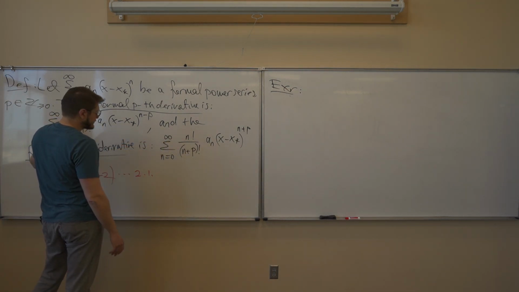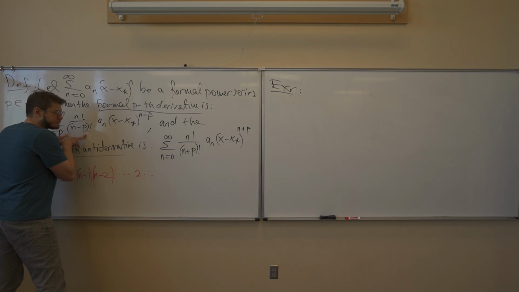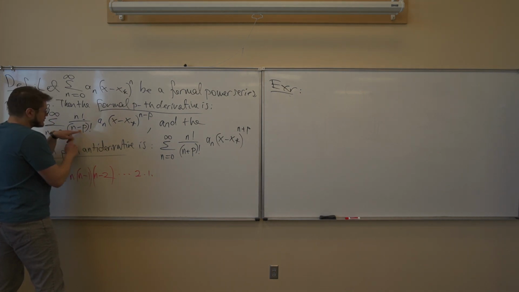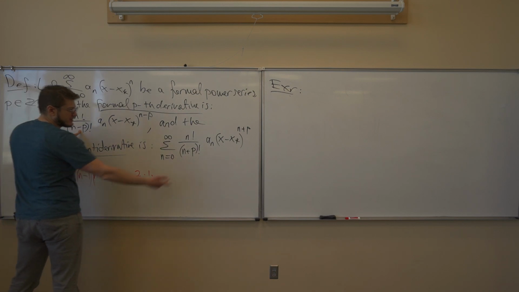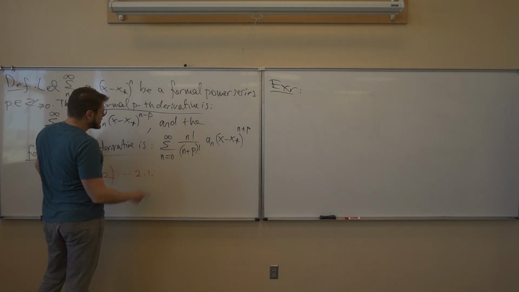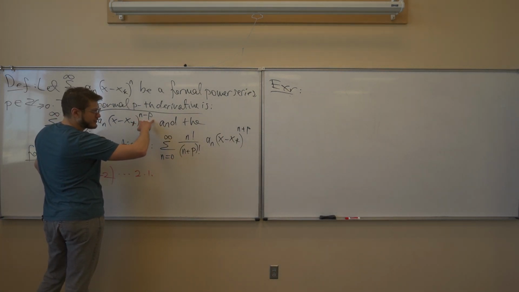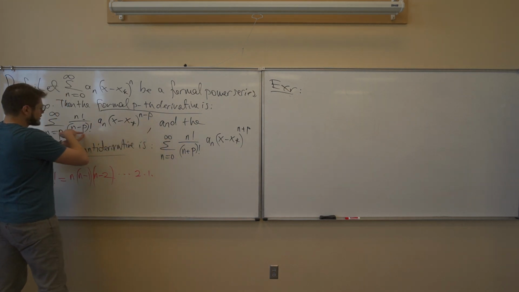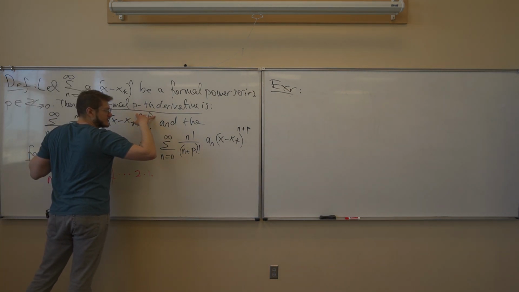This is my adjustment constant. And in the denominator, I'm either subtracting or adding some integer. In the derivative case, I'm subtracting. In the antiderivative case, I'm adding. And then I'm adjusting the exponent as well. And you see, the integer in the denominator is also the integer that I see in the exponent.